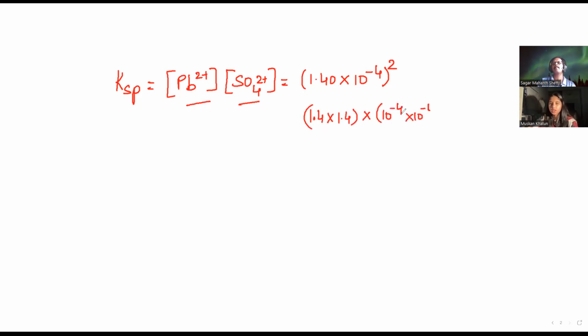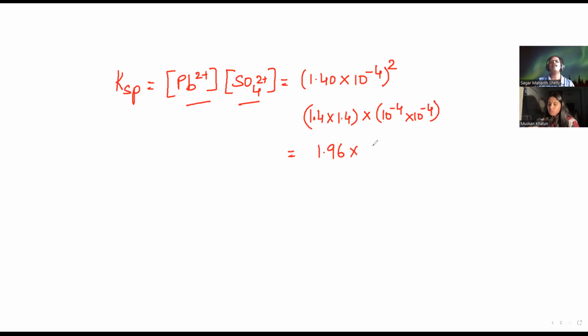So 1.4 times 1.4 would be 1.96, since 14 times 14 is 196. And 10 to the power of minus 4 times 10 to the power of minus 4.